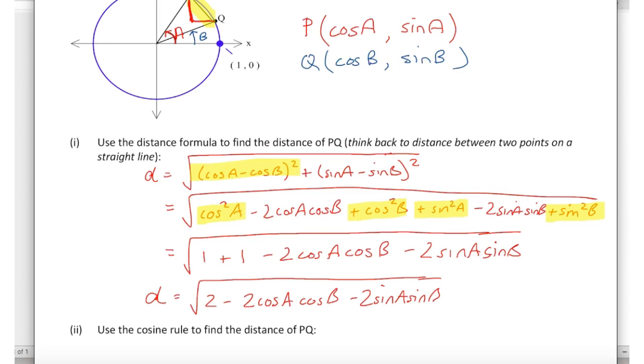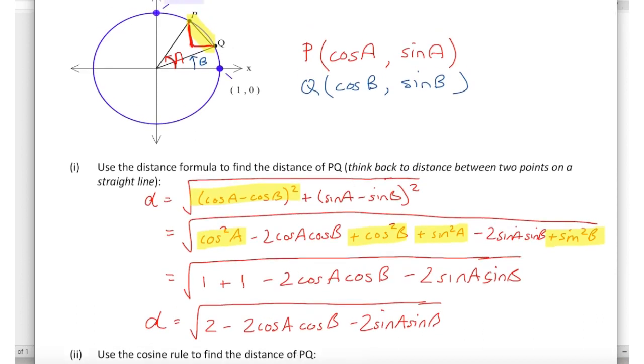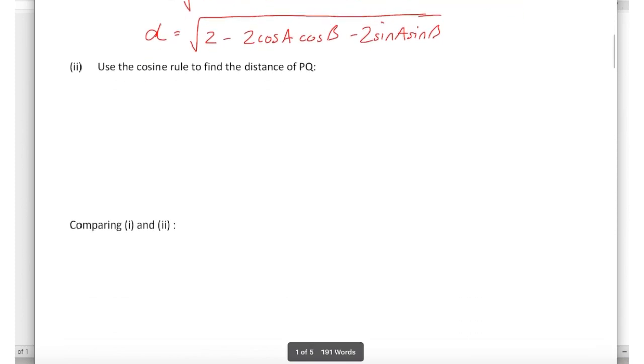But let's consider if we use the cosine rule to find the distance PQ. If we look at the triangle formed from the origin out to P and out to Q, and the line joining them, let's redraw that below.